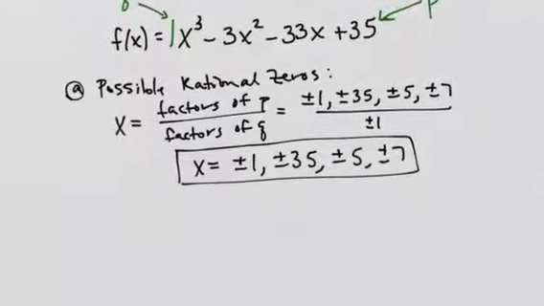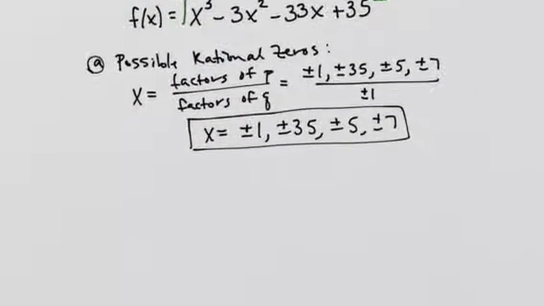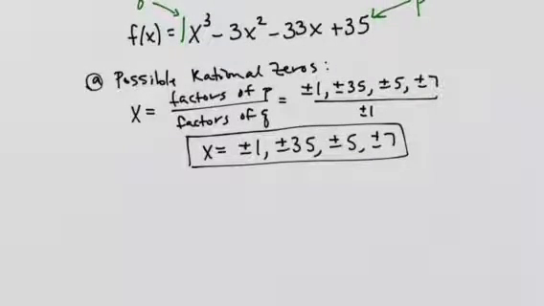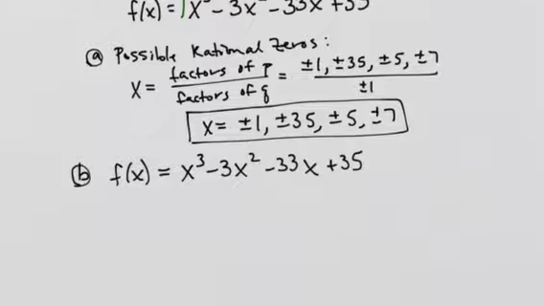Now, in part B, we are asked to find all rational zeros. So we need to determine the ones that actually work. So for part B, we're going to take our function f of x that was given, equals x cubed minus 3x squared minus 33x plus 35. We're going to consider the list of possible rational zeros, and we're going to test them with synthetic division.